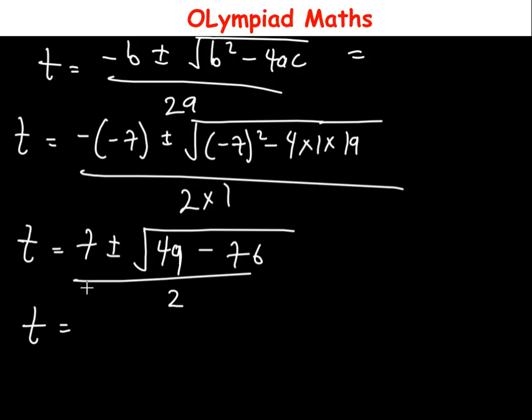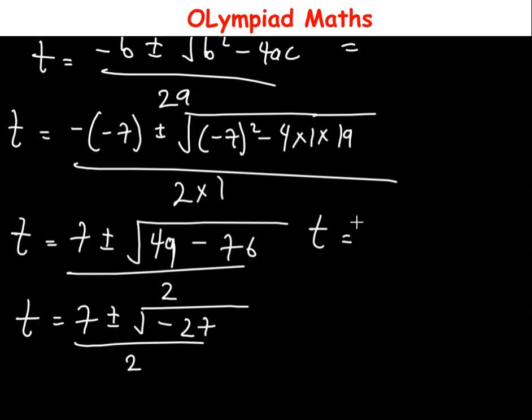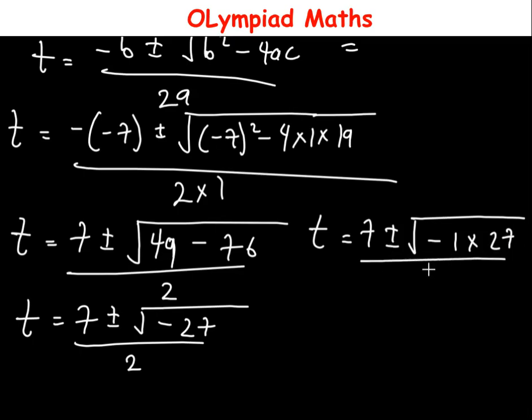t is then equal to 7 plus or minus square root of 49 minus 76 is minus 27, all over 2, such that t is then equal to 7 plus or minus square root of, now minus 27 can be written as minus 1 times 27, then all over 2.